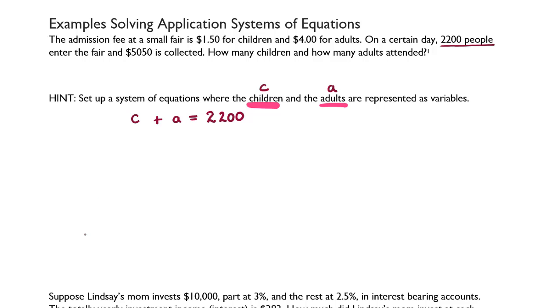Now we need to talk about how much money was made. We know that there were so many children and each one of them cost $1.50 to admit. So C times that amount would give us the amount of money made off of children admitted to the fair. Now we know that adults were $4.